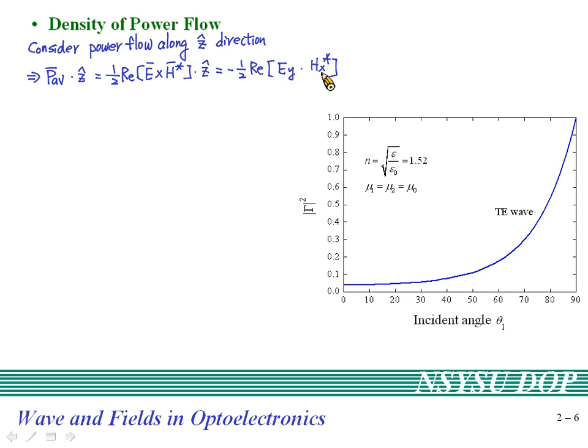So take the E and H fields in medium 1 into here, then we will have the result shown here.